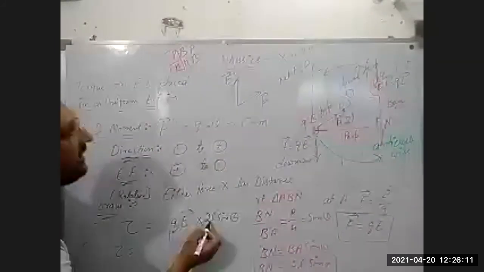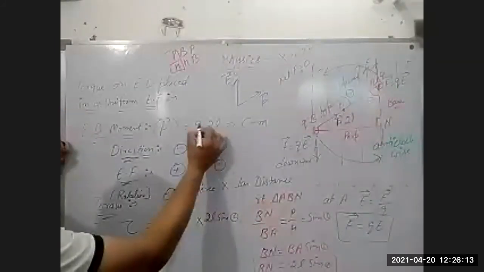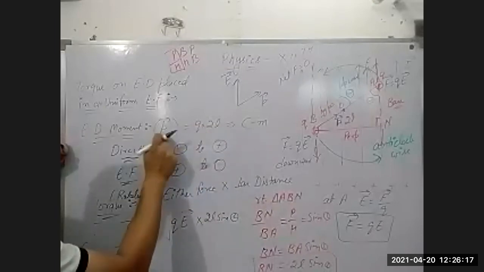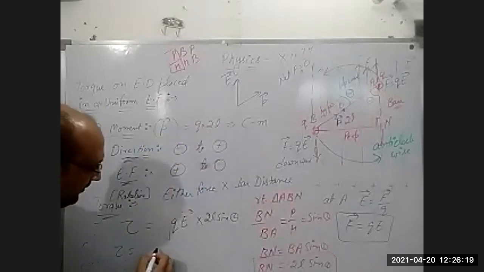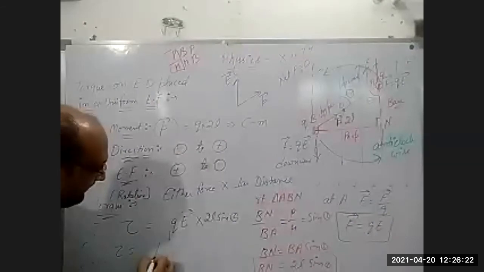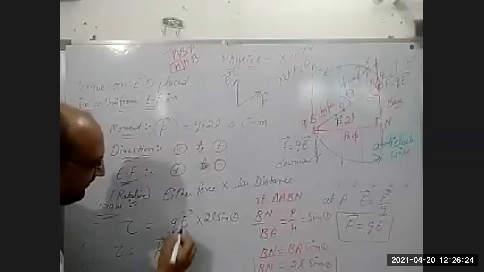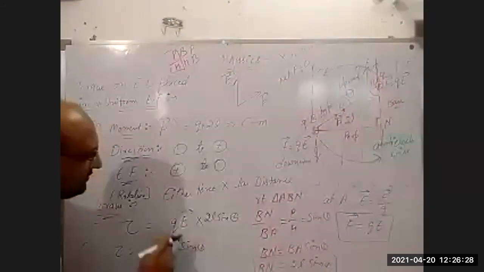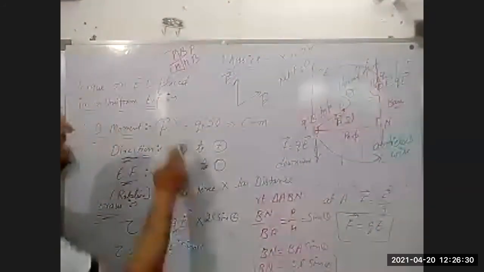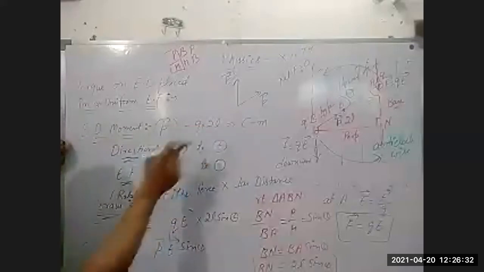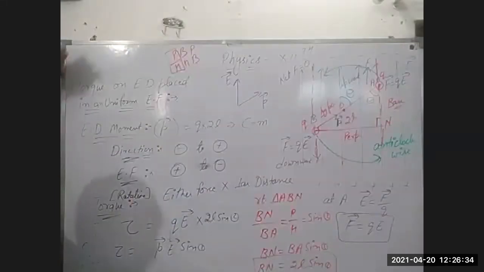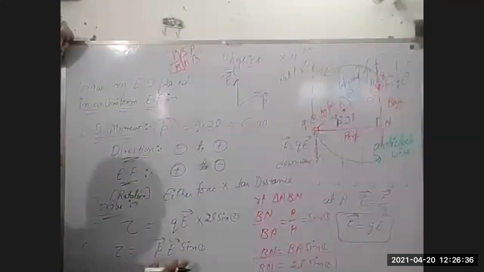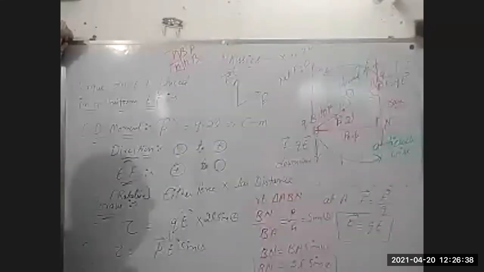Q into 2L is the dipole moment, so you have to write P E sin theta, because I have converted Q into 2L into P. This is the formula for calculating torque.